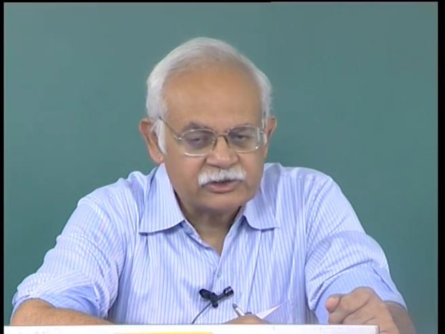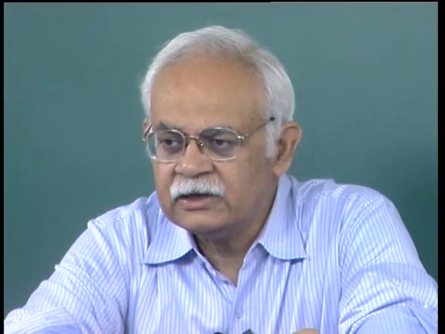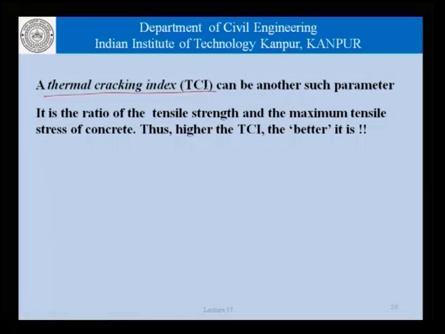At any instant of time, if we take the ratio of the tensile strength and the maximum tensile stress in the block, then we get the thermal cracking index, and the higher it is, the better, because a higher TCI indicates that the tensile strength at that point in time is much higher than the maximum tensile stress.